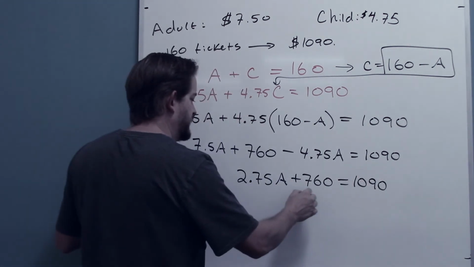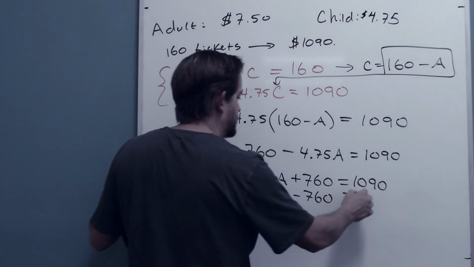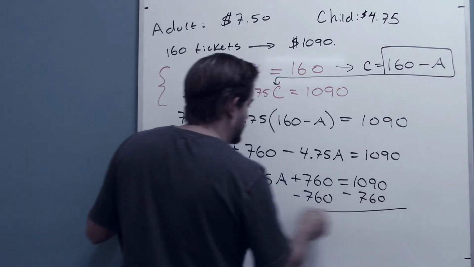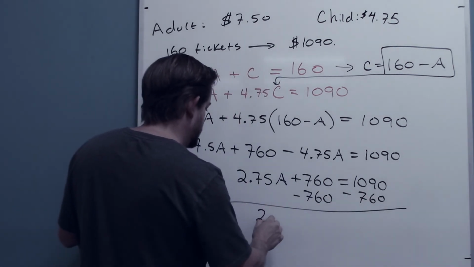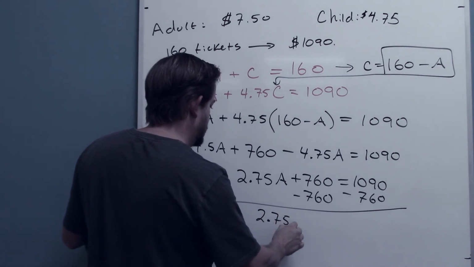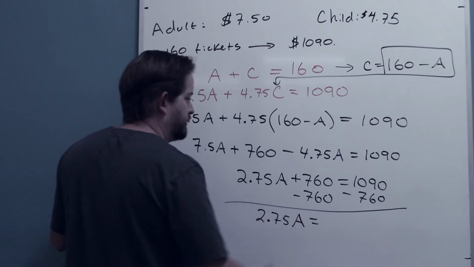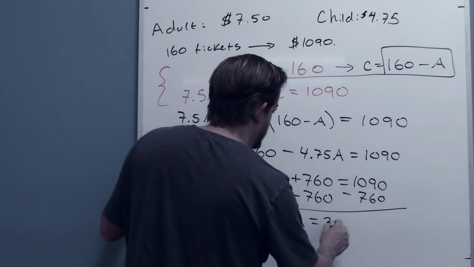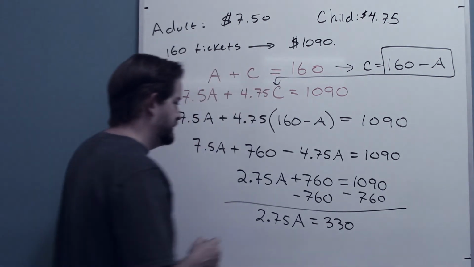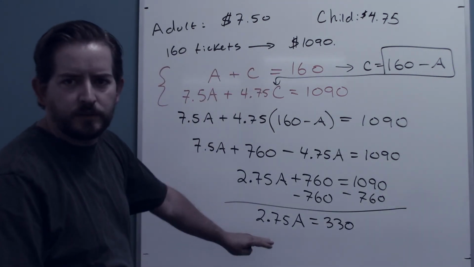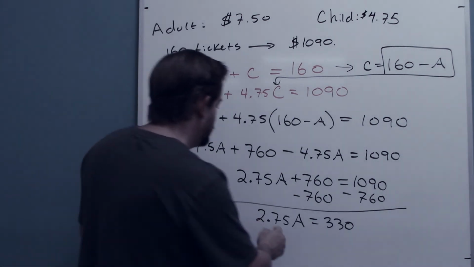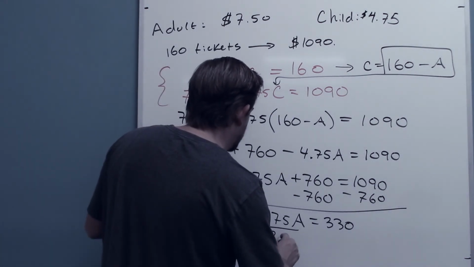And then of course subtract 760 from both sides. So that gives me 2.75A on the left equals 330 on the right. Running out of space on my screen here, but I'm going to divide each side by 2.75.